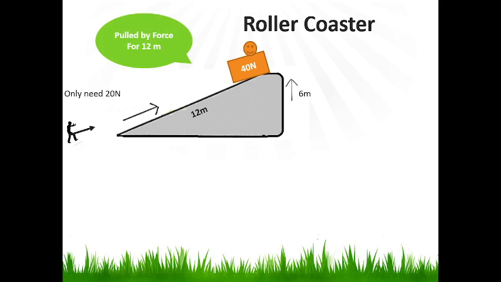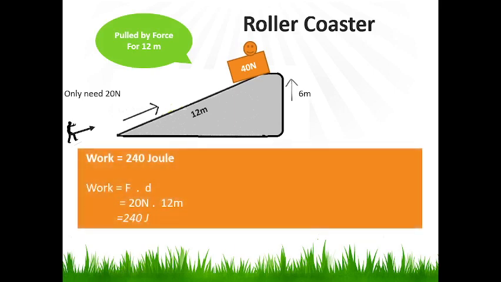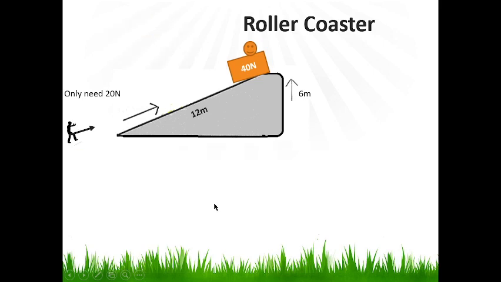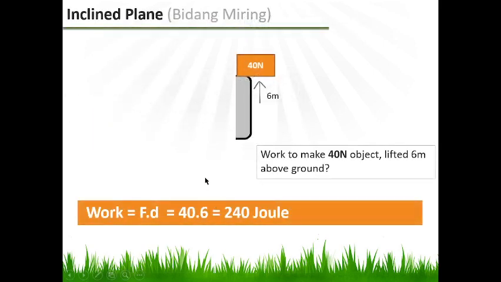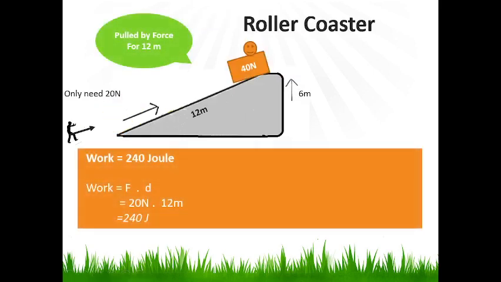But I need to push it for 12 meters, a longer distance. And if we multiply force times distance, 20 newton times 12 meters, we get the same work, which is 240 joule, just like when I don't use the inclined plane. So basically, the work done is the same because you need less force, but you go through a bigger distance.